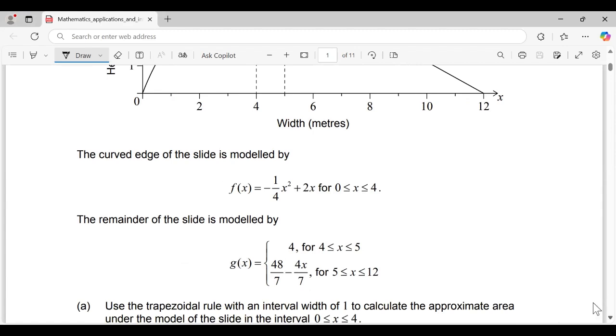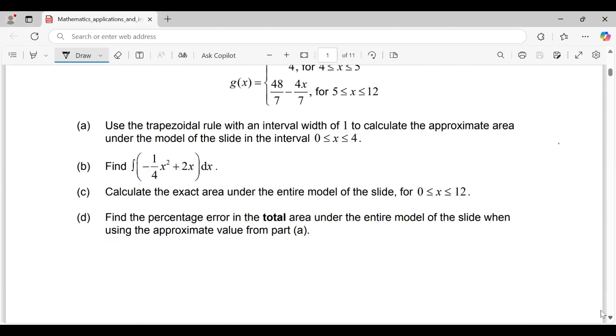So there are three functions. Use the trapezoidal rule with an interval width of 1 to calculate the approximate area under the model of the slide in the interval 0 to 4.